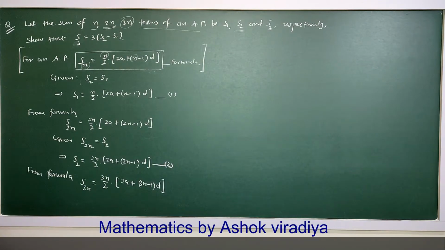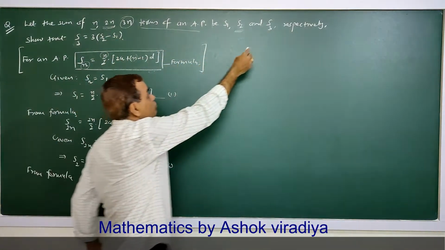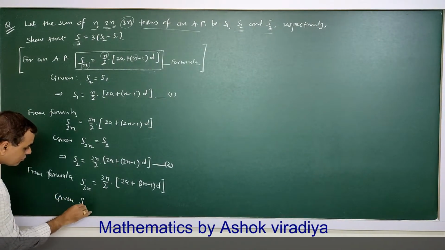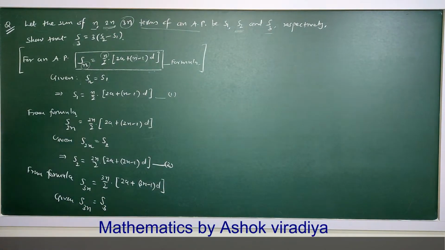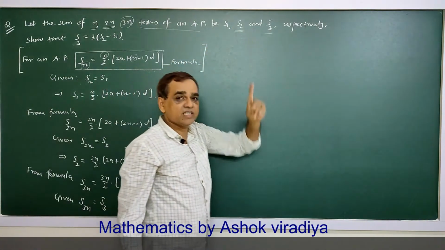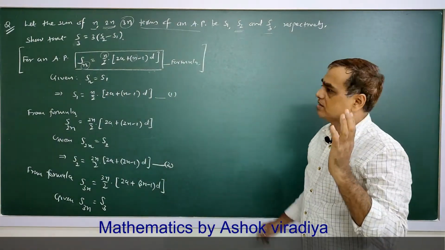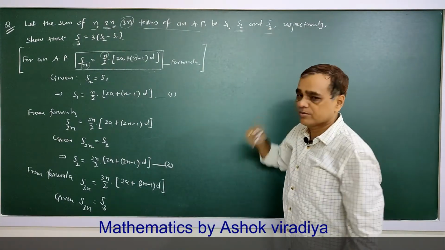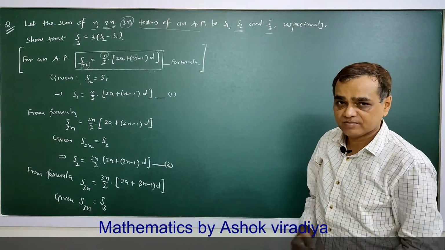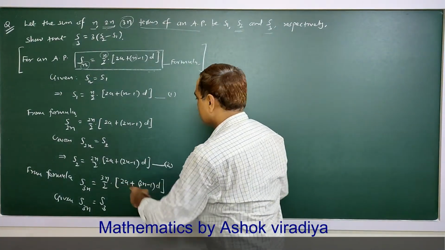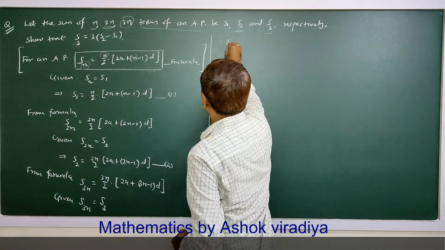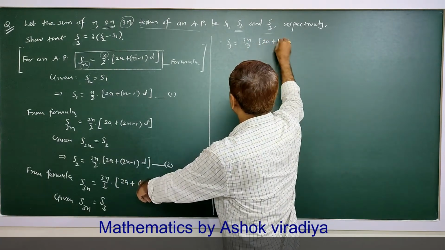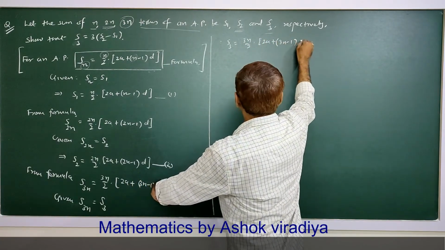But given that sum of 3n terms is S3. Here S1, S2, S3, these symbols are given as values. This does not mean sum of one term, sum of two terms, sum of three terms, because in formula we are using Sn symbol. So putting S3n equal to S3, therefore S3 is 3n by 2, 2a plus 3n minus 1 times d.